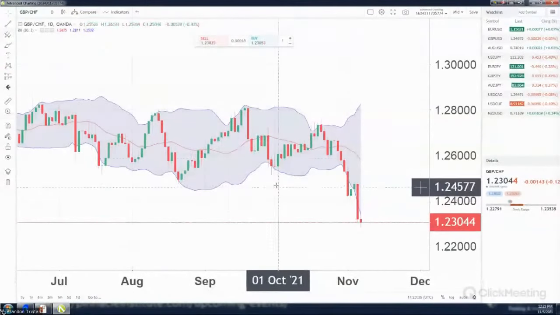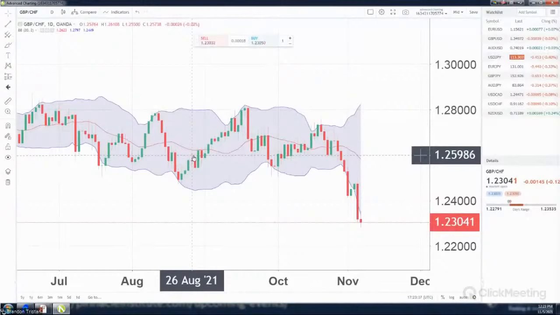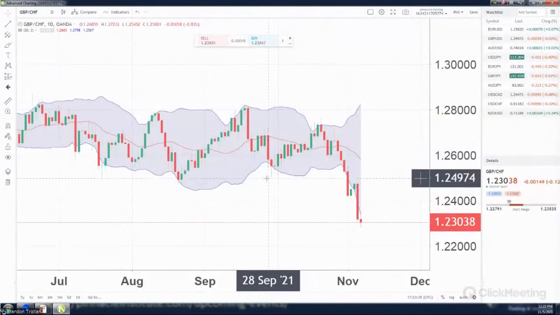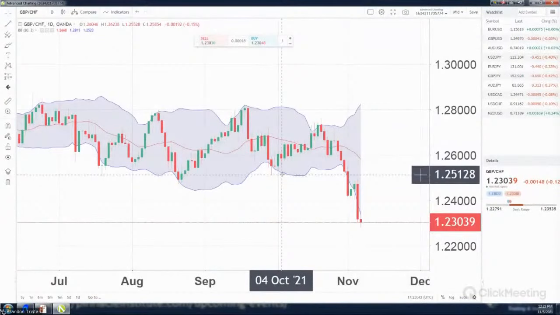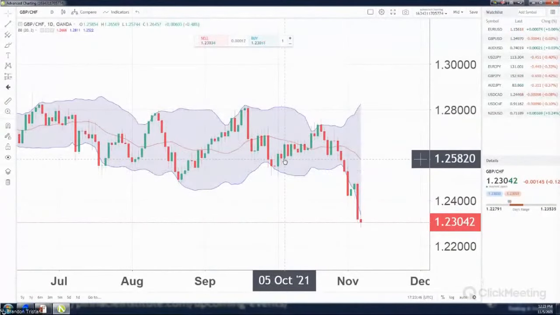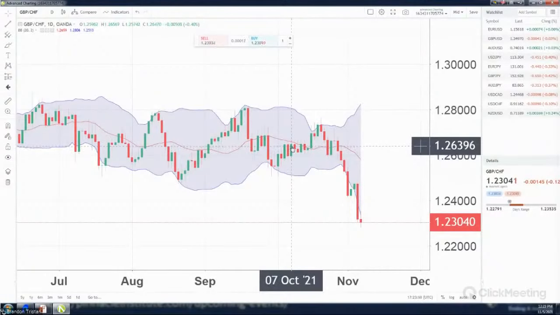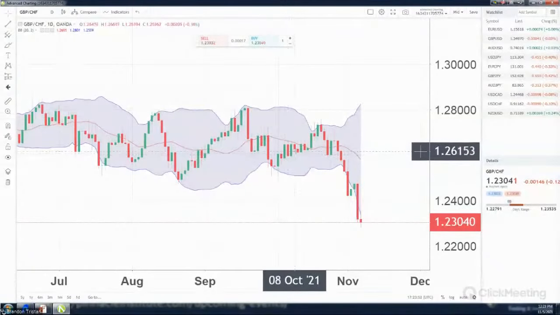So here on Bollinger Bands, you're looking for that piercing. Okay, that pierce. So we got the piercing here. Now that I know that, when am I going to buy?